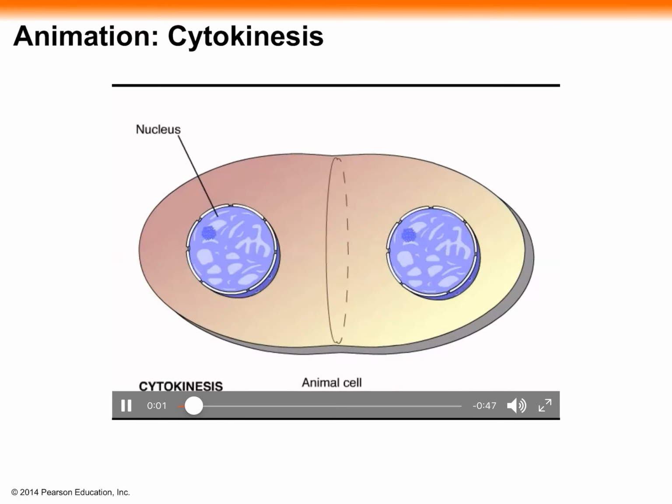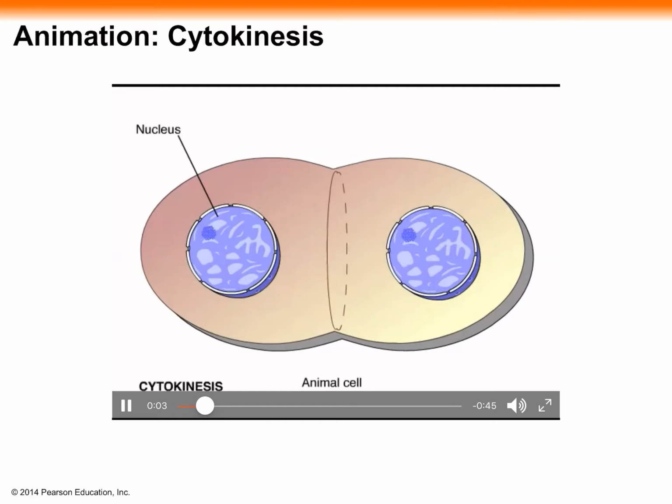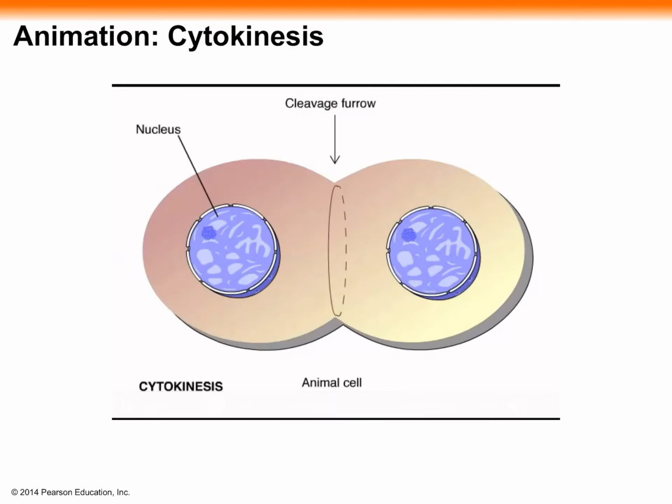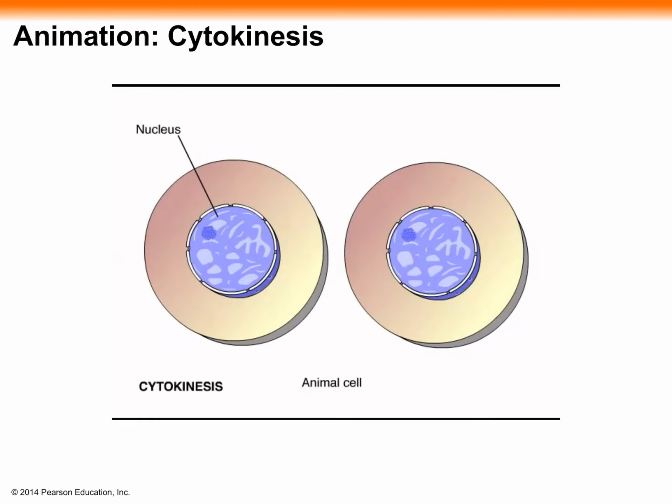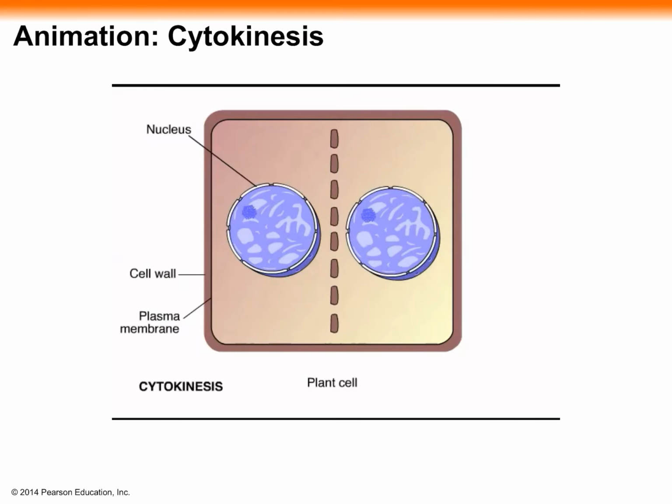In animal cells, cytokinesis begins with the formation of a cleavage furrow. At the site of the furrow, a ring of microfilaments contracts, much like the pulling of drawstrings. The cell is pinched in two, creating two identical daughter cells. In plant cells, cytokinesis begins when vesicles containing cell wall material collect in the middle of the cell.